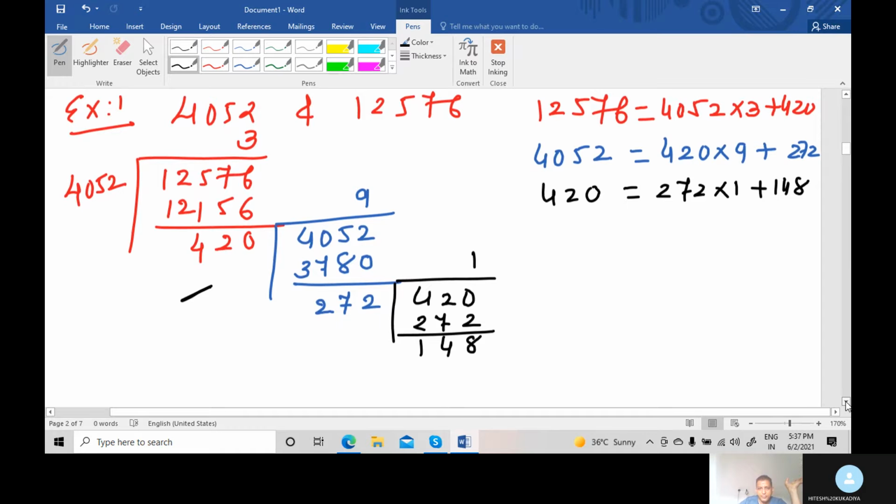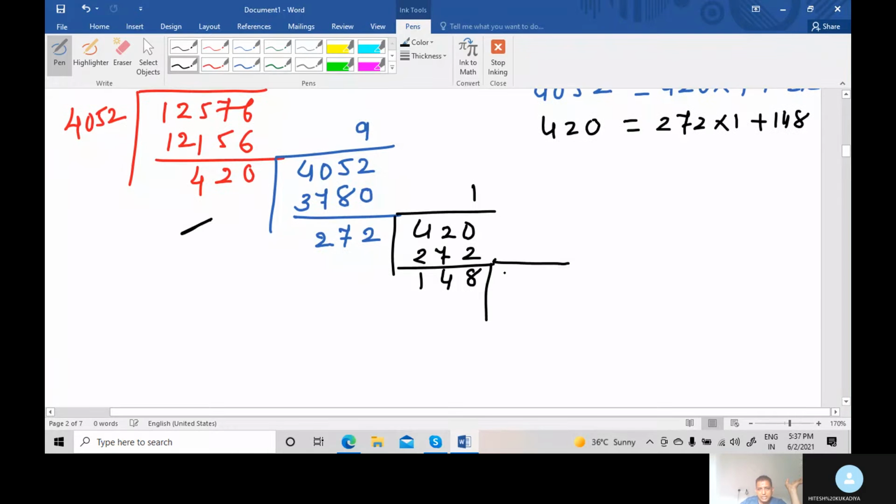Right? Okay. Now 272, 148 ones are 148, 12 minus 8, 4, 6 minus 4, 2, and here 1.